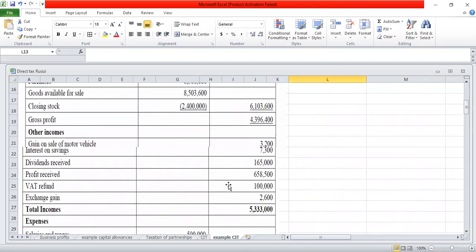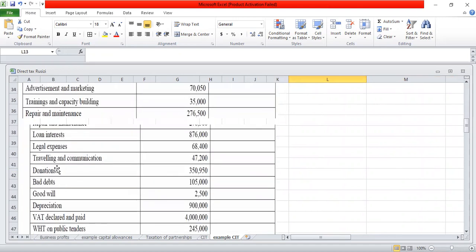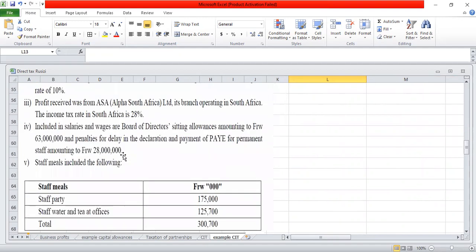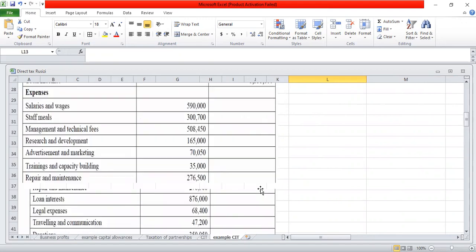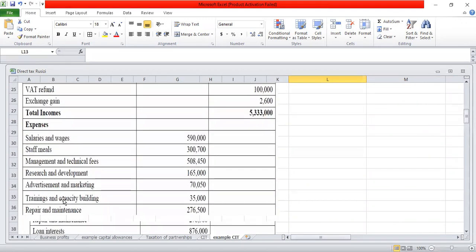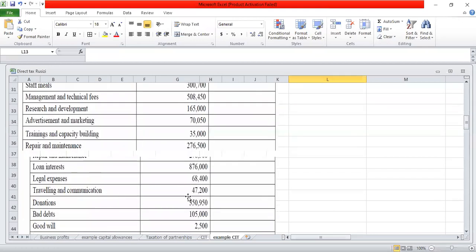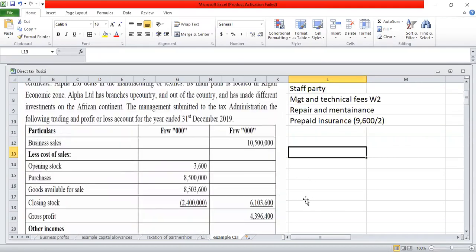Then I can go to traveling and communication. You said you cannot separate, I think. Traveling and communication, if you read that note, you cannot separate. So 20% is not allowed. Traveling and communication is how much? 47,200.